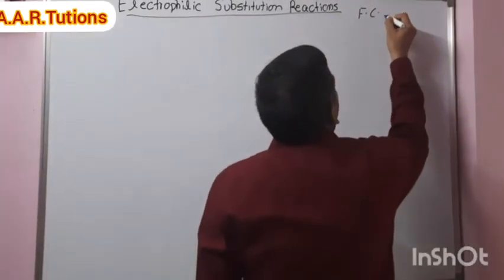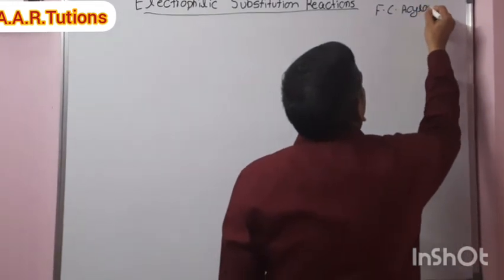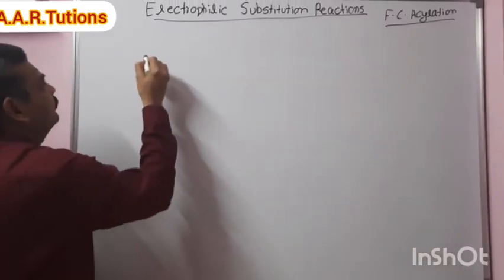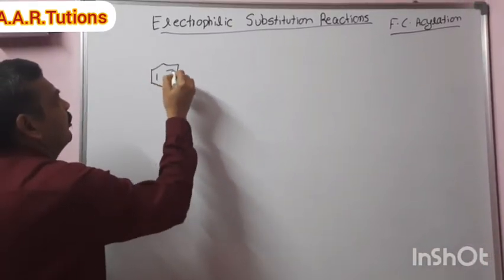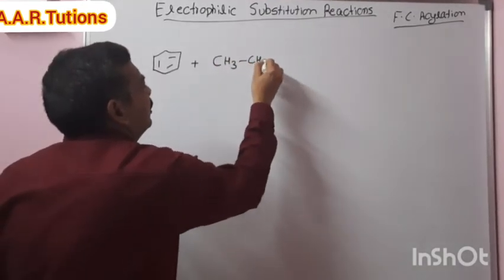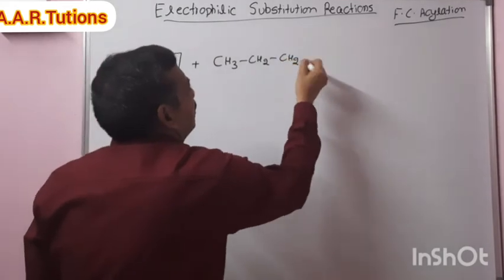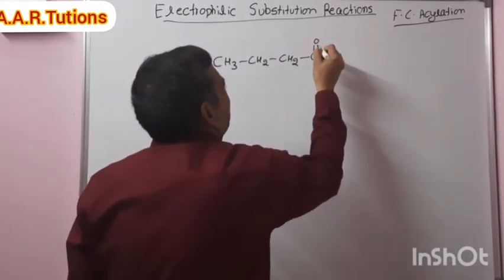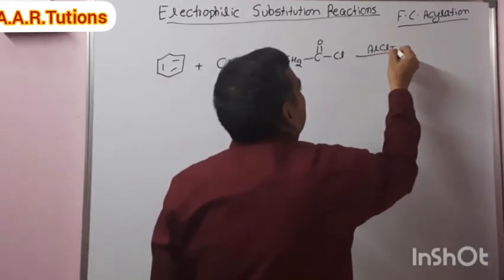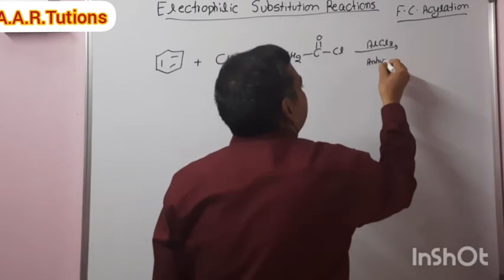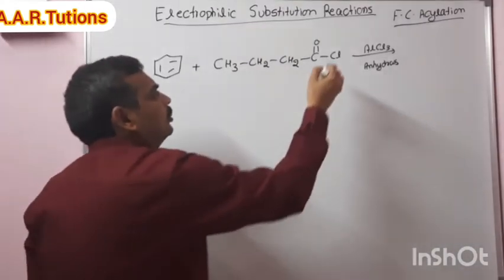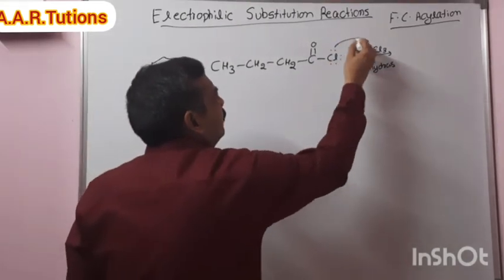Next problem. Benzene reacts with butanoyl chloride. Propanoyl is not required, directly the alkyl. AlCl3, anhydrous. There is no need to write the mechanism. The lone pair of electrons on chlorine forms a complex.